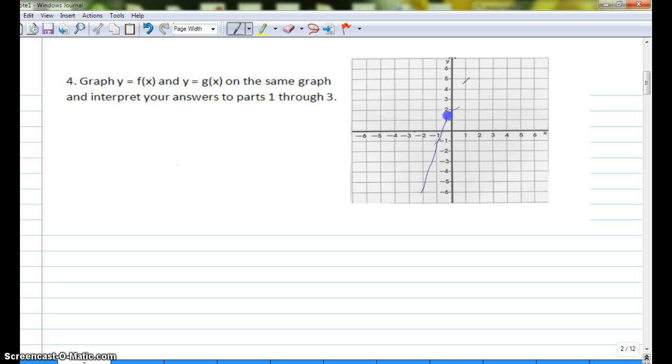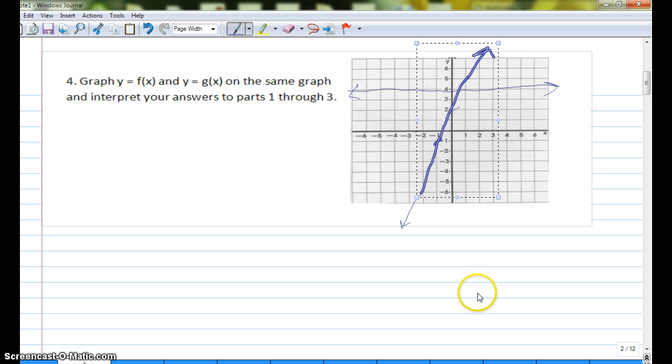So we get this line right here. And then our other line, g of x, was just a horizontal line at 4. So what's happening is the point where they're equal is the x-coordinate where they intersect, that x-coordinate right there. Okay, so that's the point where they're equal.